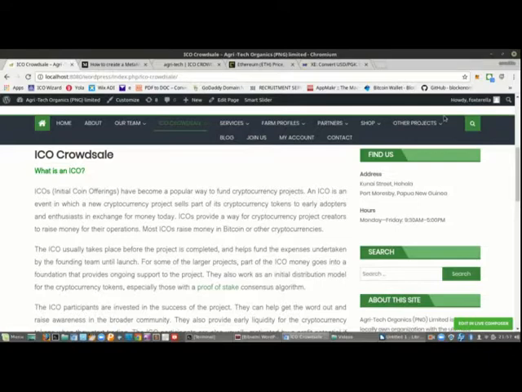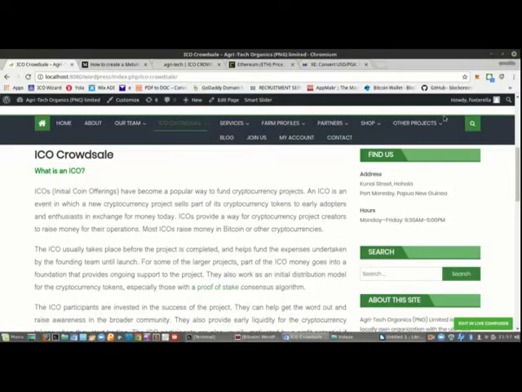As a body of directors, we have offered to make available to the general public 100 million shares. The next question is, what would be the consideration to purchase tokens or shares within Agri-Tech Organics?